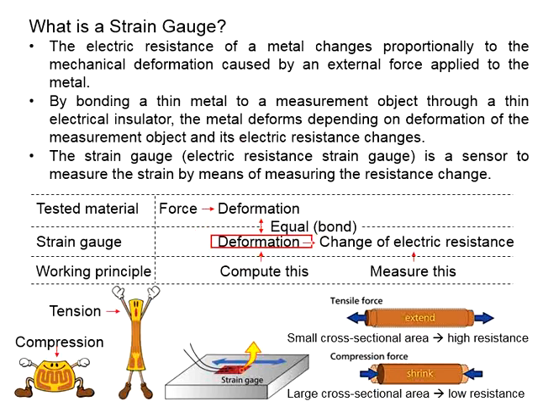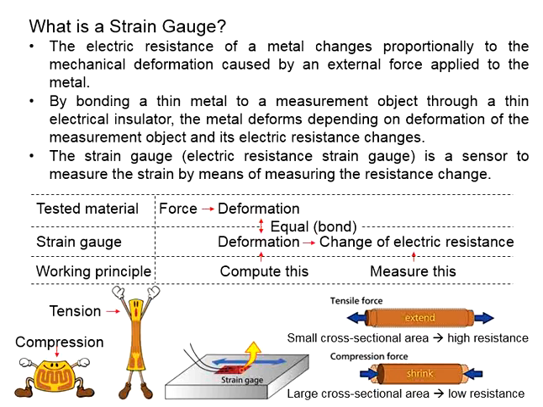Because of the deformations, the cross-sectional area of the wires or the electric foil on the strain gauge changes, and this leads to changes of electric resistance when the current passes through the strain gauge.